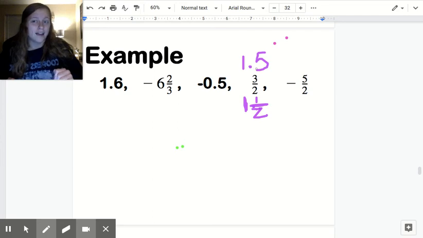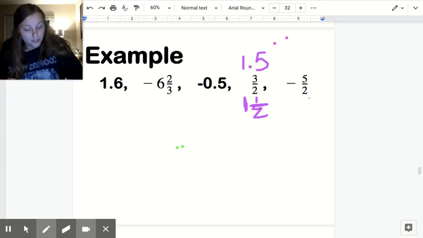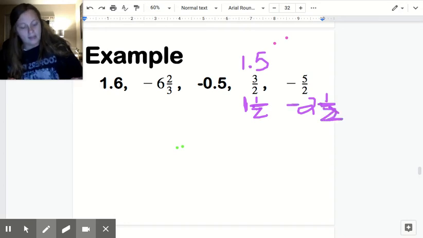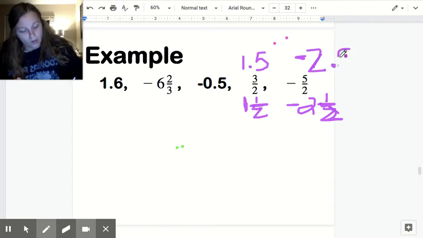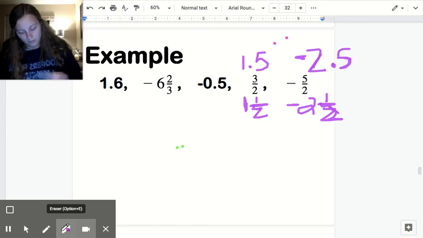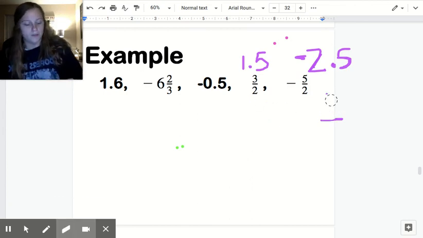I know that 5/2 is really 2.5, negative, because it's negative in this case. And negative 2.5 is the same as negative 2.5. So I didn't actually have to do long division for this one because I knew those ones off the top of my head.